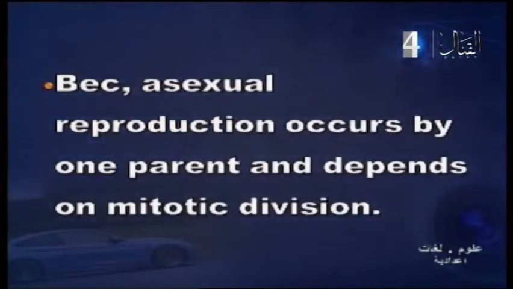Why? Perfect, because asexual reproduction occurs by only one parent and depends on mitotic division. No crossing over, no gamete formation. So here, the offspring receives an identical copy of the genetic traits of this one parent.